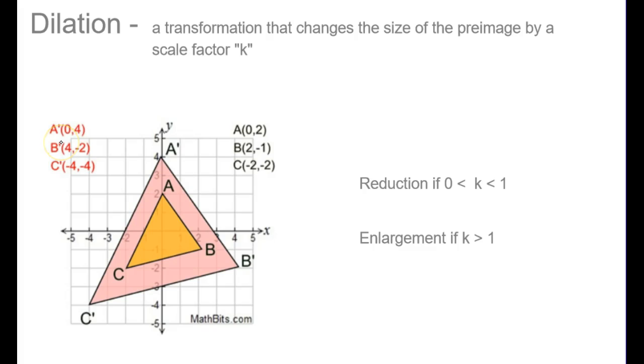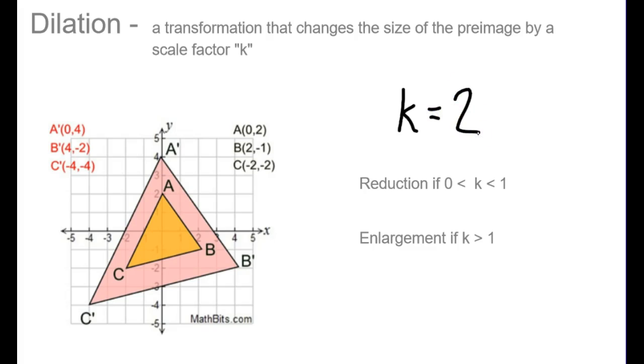Then if we look at A prime, (0, 4), what do we have to multiply the values of (0, 2) by to get to (0, 4)? Well, if we think about how do we multiply 2 to get to 4, we have to multiply by a value of 2. So our scale factor in this case is going to be 2.